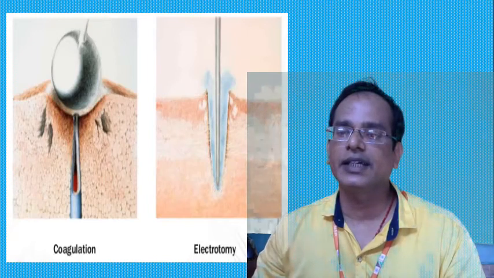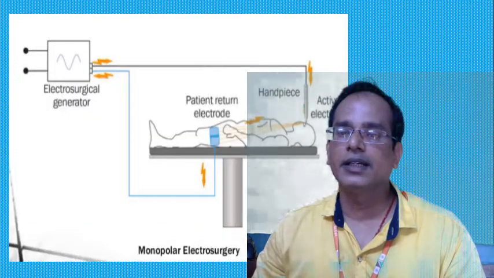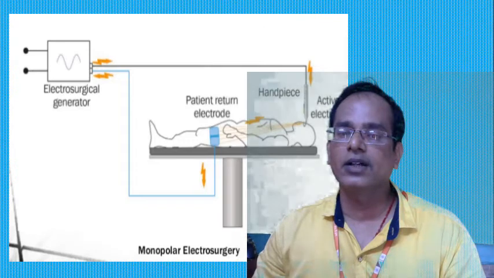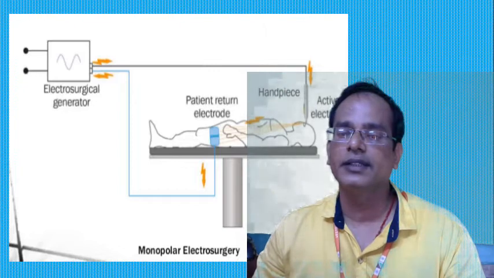The high frequency current is passed through the supply cable and handled to the active electrode. At the point of application, the electrode builds up a highly concentrated field in the tissues surrounding the contact point. The concentration of energy within a small area produces the desired electrosurgical effect around the active electrode.